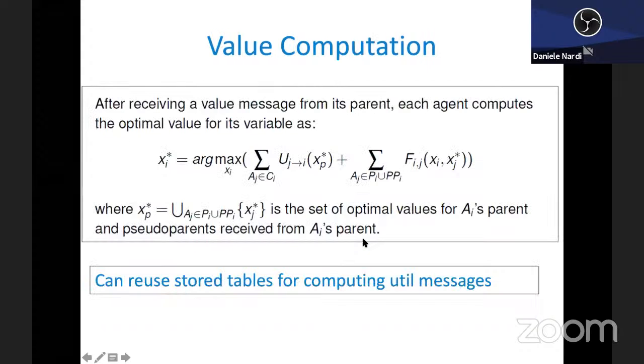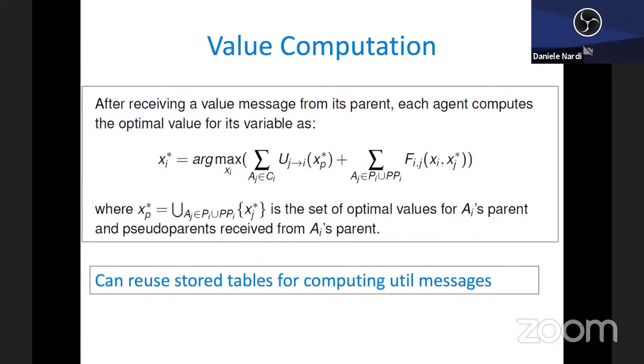So here again, we have the characterization of how the value is computed. As you see, this is exactly the same representation that we have seen earlier. Namely, we have the constraints with the children and the pseudo-children, and we have the messages that are received by the nodes that are children.